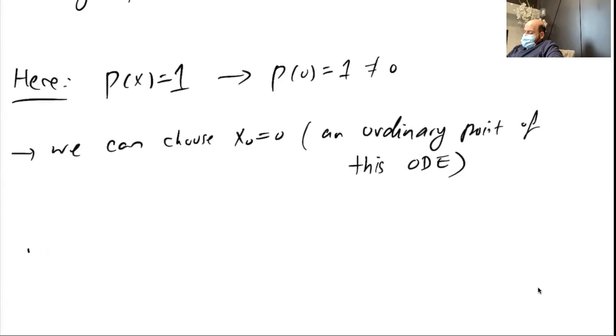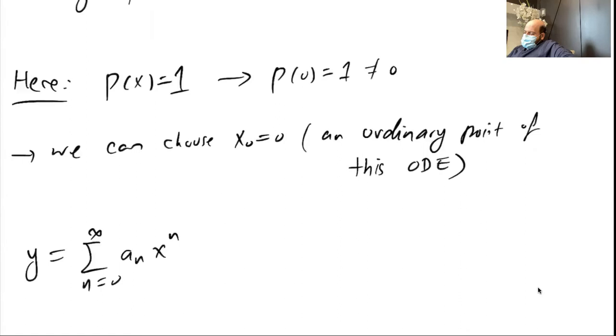Then we can write y as sigma a n x to the power n, from 0 to infinity. In general, y is sigma a n times x minus x0 to the power n, but here x0 is 0, so we can write it as sigma a n x to the power n.